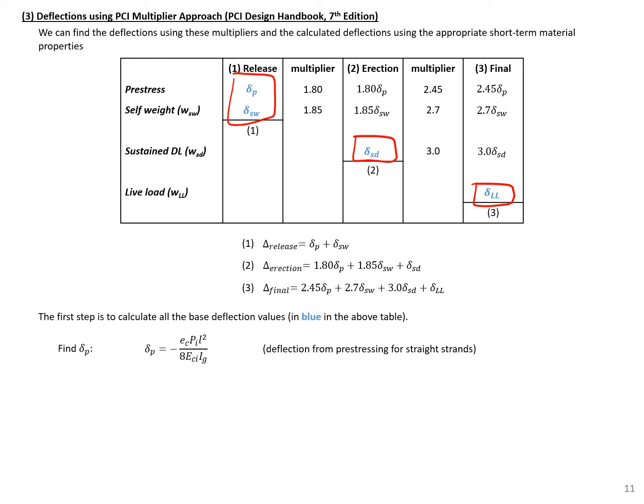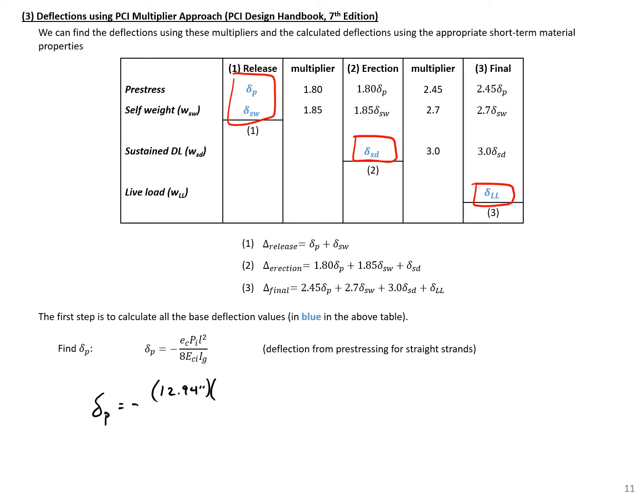If we have straight strands, we can use the equation that's shown here, where our deflection is going to be equal to negative, because it's going to be an upward deflection, our eccentricity, 12.94, times the force in the strand immediately after release.